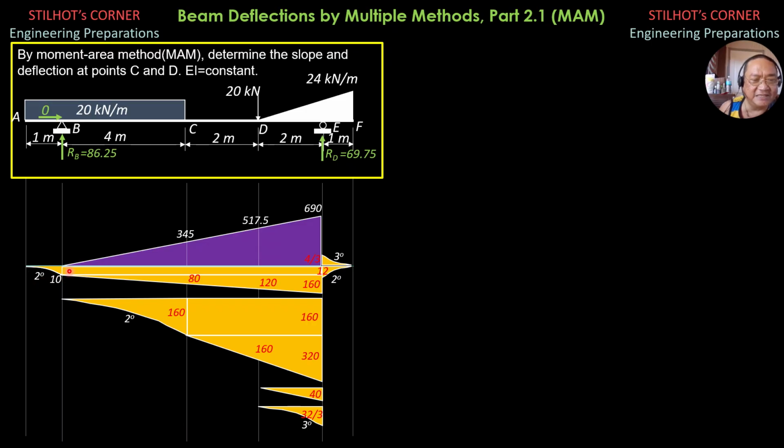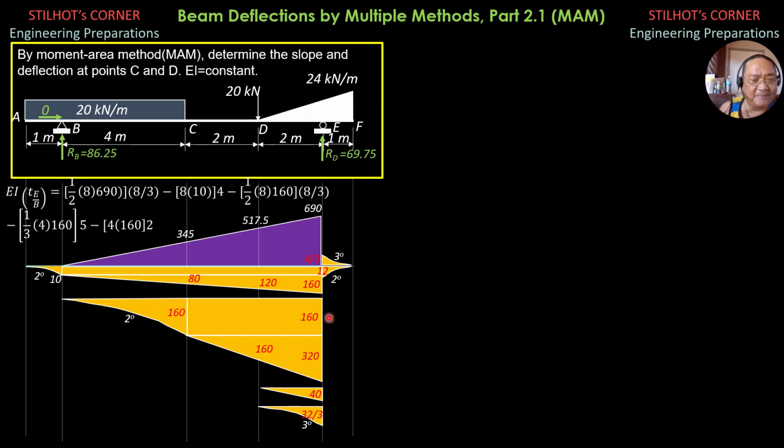So considering this area between B and E, EI times the deviation of E relative to B is equal to 1 half of 8 times 690 times 8 thirds minus 8 meters times 10 times 4. For this area, 1 half of 8 times 160 times 8 thirds. For this area, 1/3 of 4 times 160.